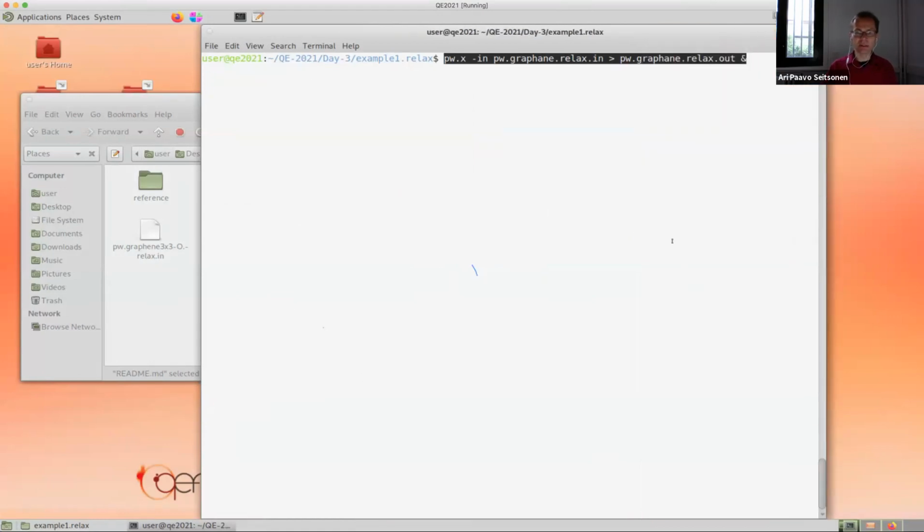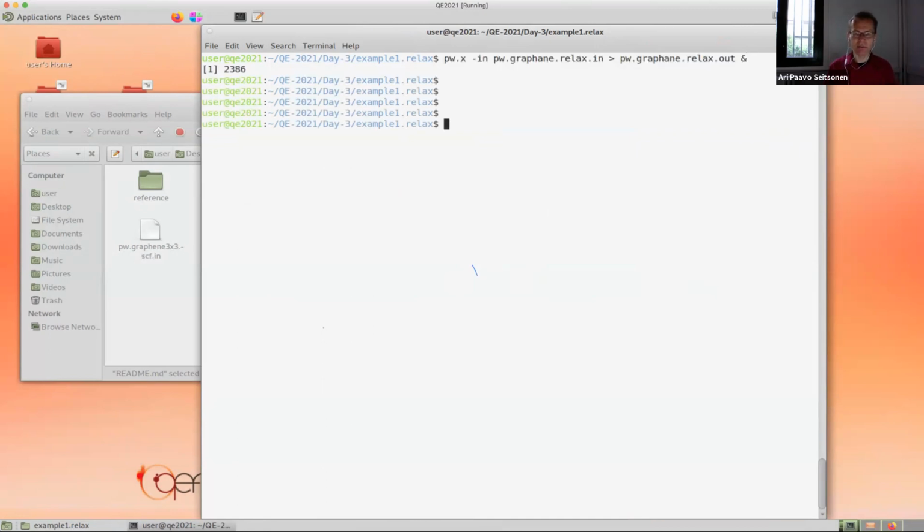So now we still run only with one core on the virtual machine, so a host machine. If you have enabled multiple cores, you could even run in parallel. I did initially. I ran some of the examples in parallel on the virtual machine. It depends on which kind of computer you have.